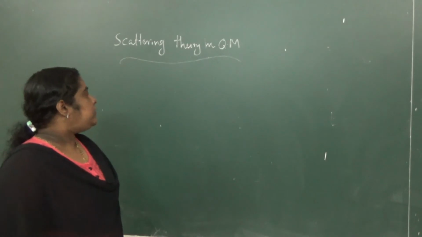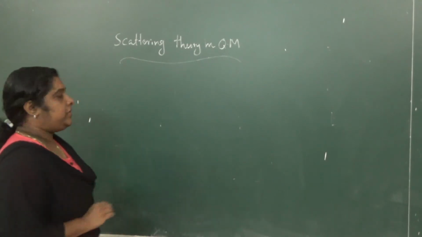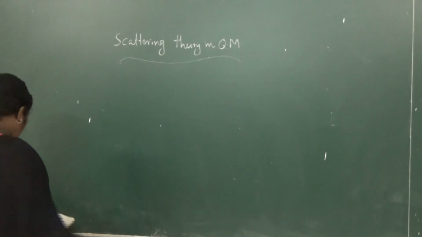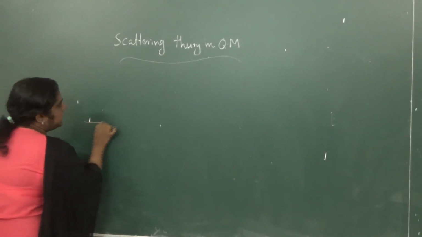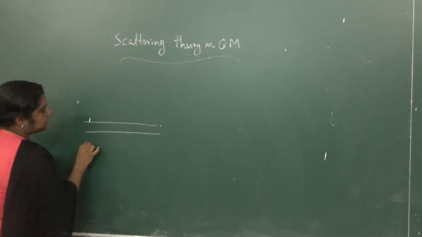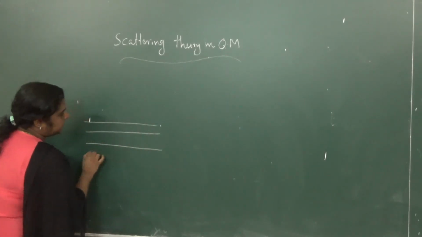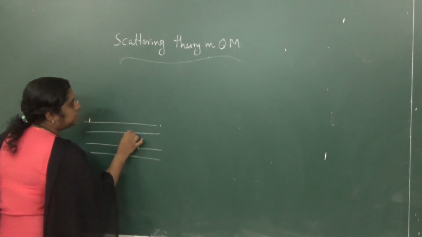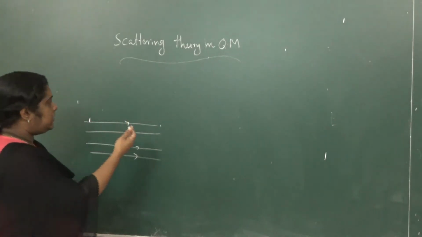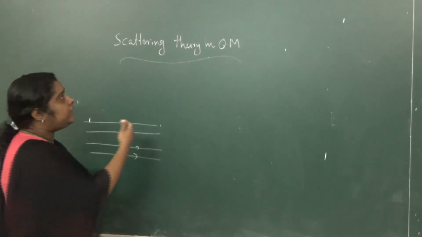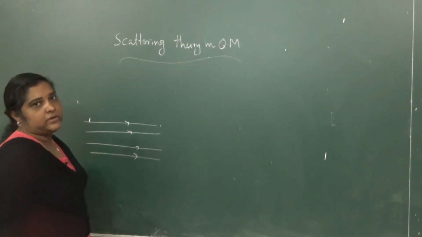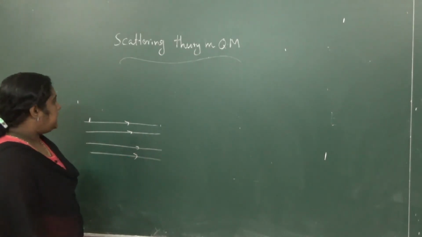So a typical scattering experiment consists of the following arrangement. We have some incident particles, alpha particles or electrons. Here we are dealing with quantum scattering, so we are taking quantum particles like atomic particles.